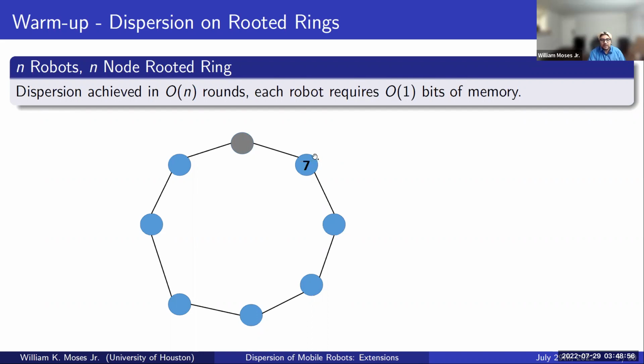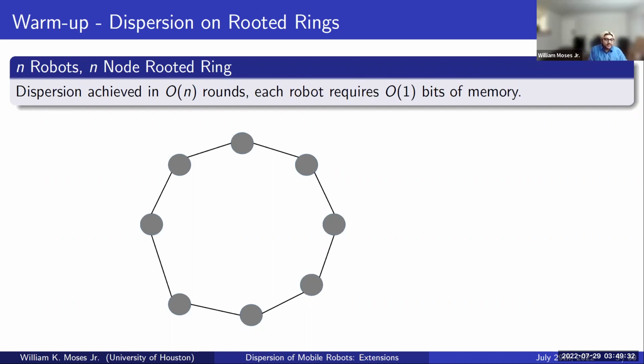Again, the process of leader election is repeated for 1 round, one robot is selected and settles down, and the rest move. After O(n) rounds, every node in the ring will have a robot settled at it. And for the ring, the moment the robot settles down, it can choose to terminate, because we know that in a ring, no other robots will have to come back to that node.